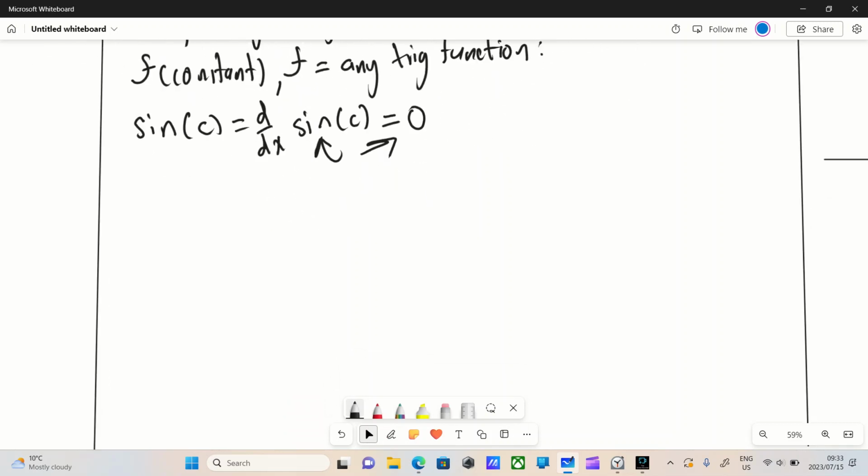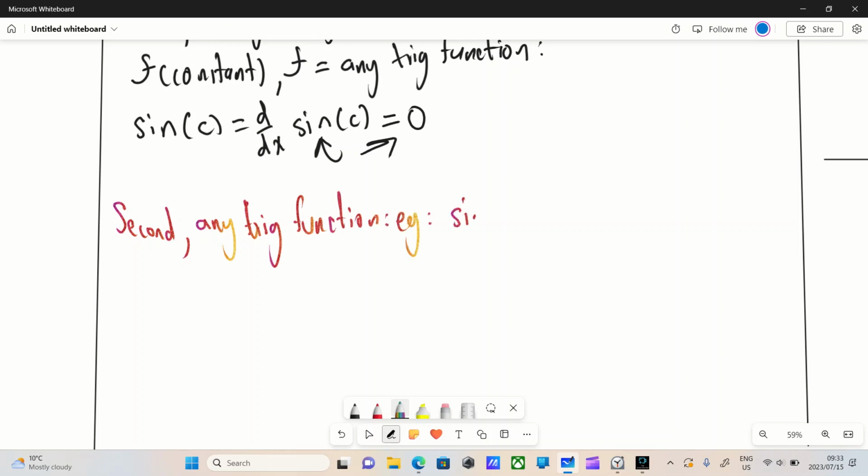Here's the second situation. Say we have any trig function, for example, sine of x. So it's the form of any trig function right here.